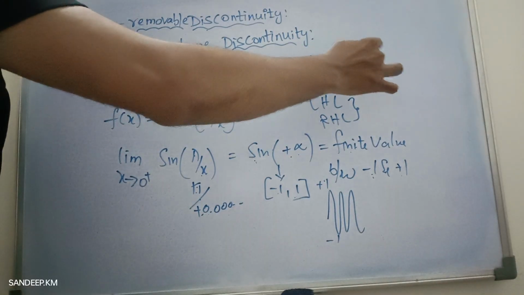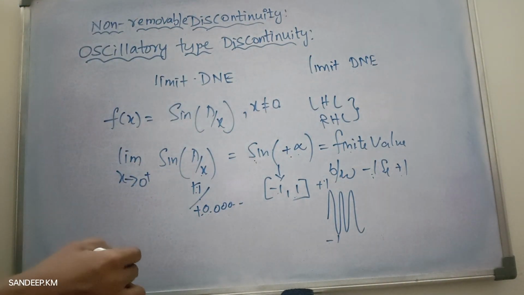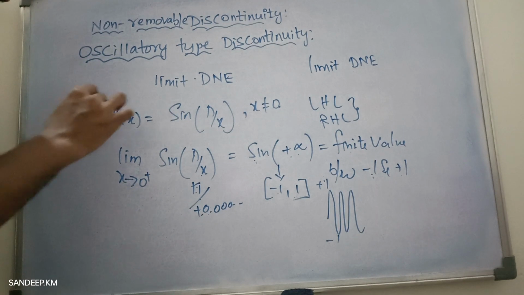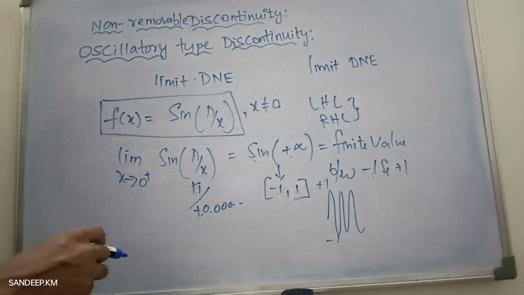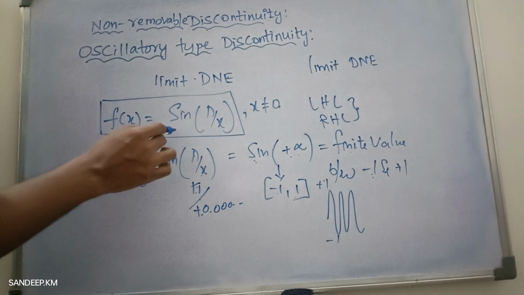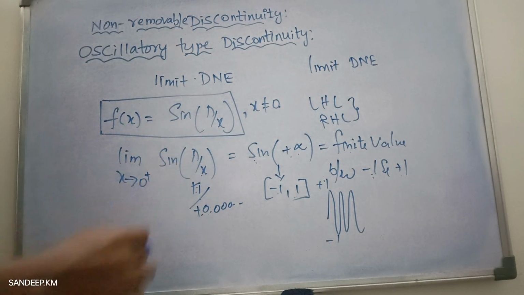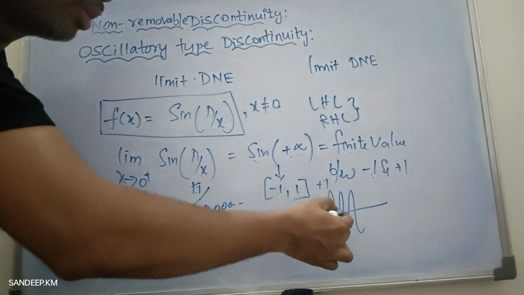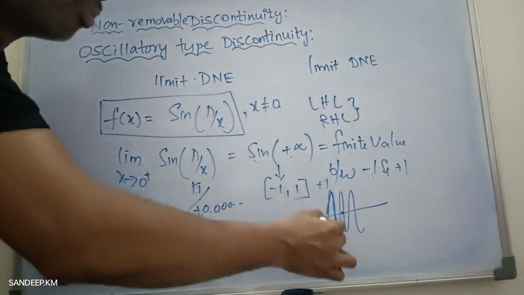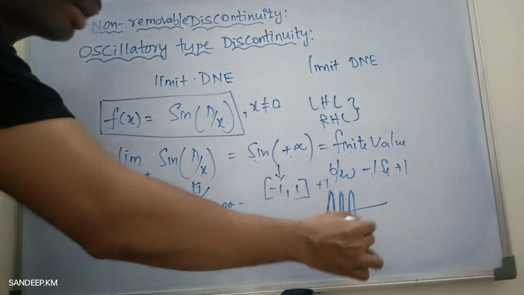Now you try to use any graph generating app and see how the graph of sine pi by x looks like. Exactly when input is approaching 0, the output seriously toggles between plus 1 and minus 1.